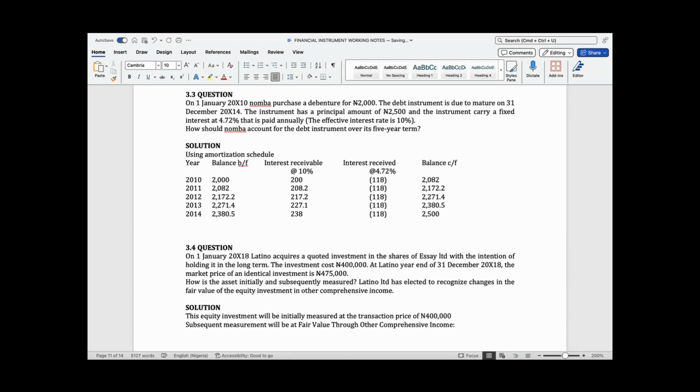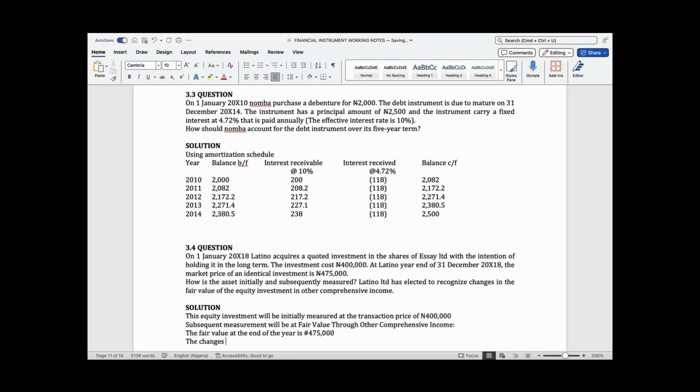And so the fair value at the end of the year is 475,000.